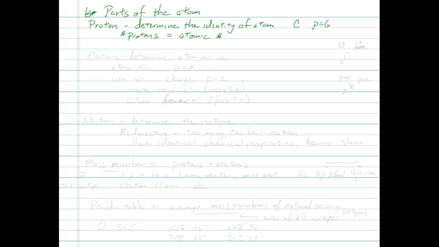If you have carbon, since it's 6, the symbol will be this. If it's a generic X element, the subscript to the left is going to be P, the number of protons.